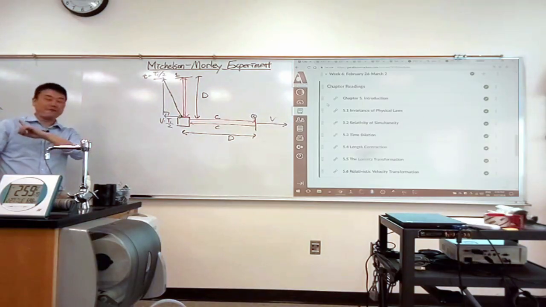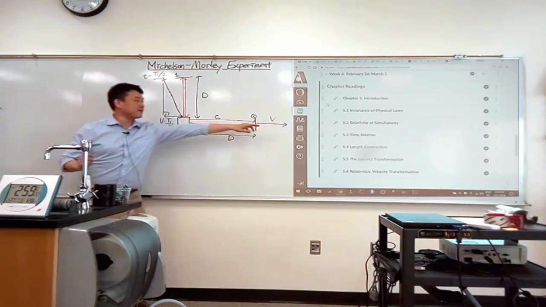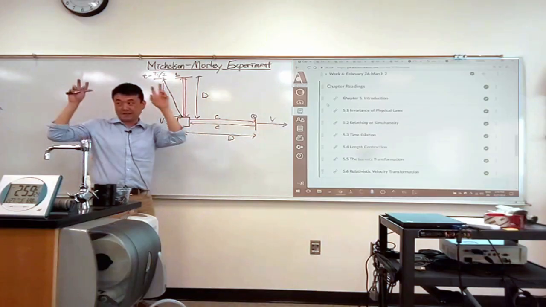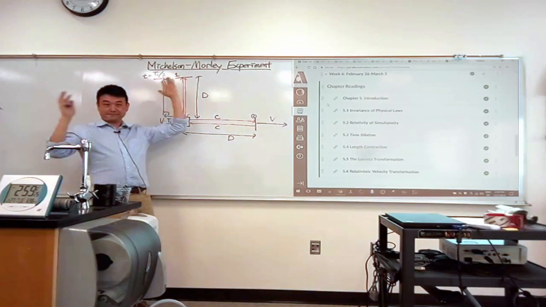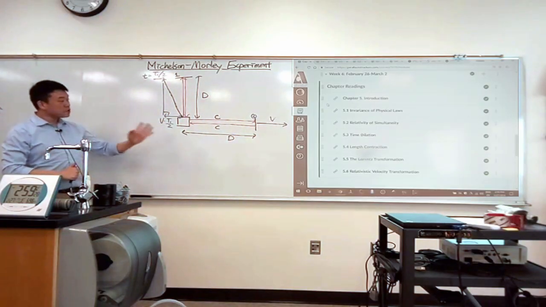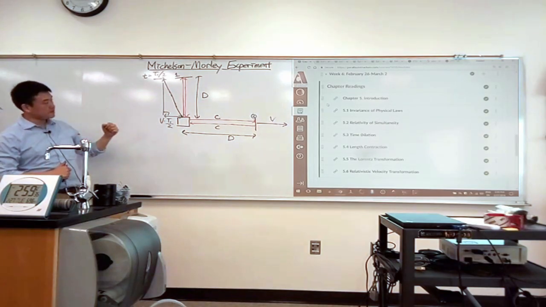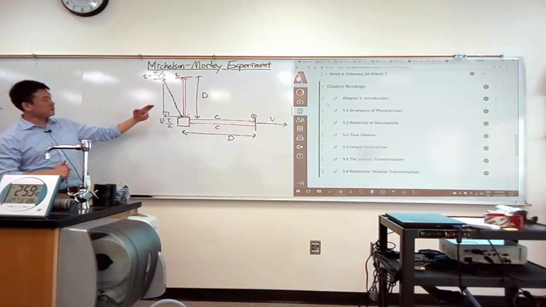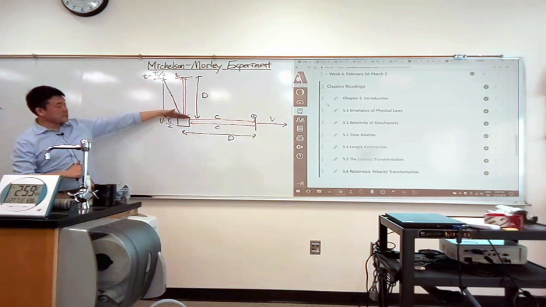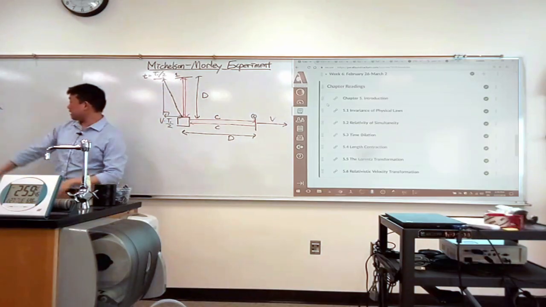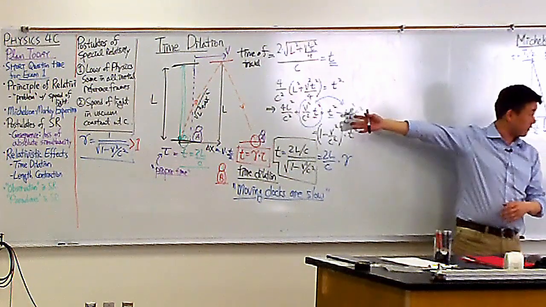Just for reference, from what I got confused with earlier: once you say the apparatus is moving that way, the ether wind is going the other way. Good. Okay. So what you will find is, this portion of the arm acts like this clock that we just derived.